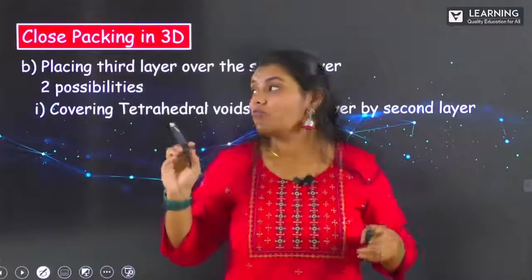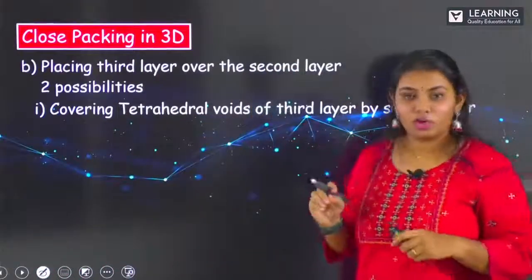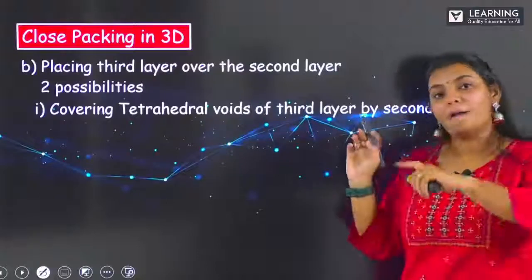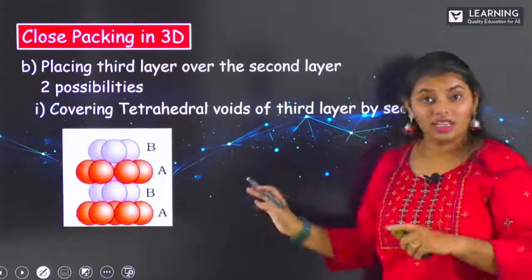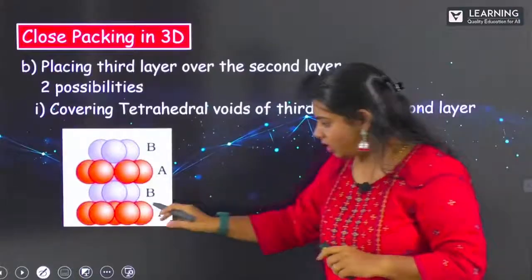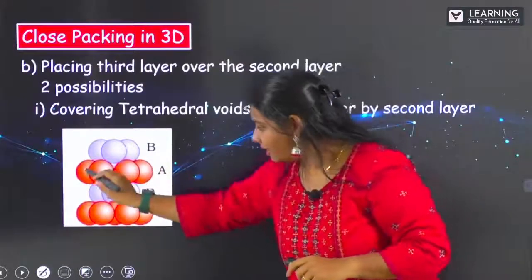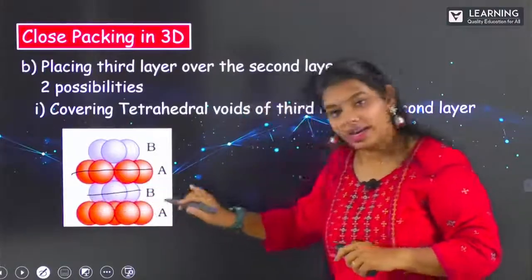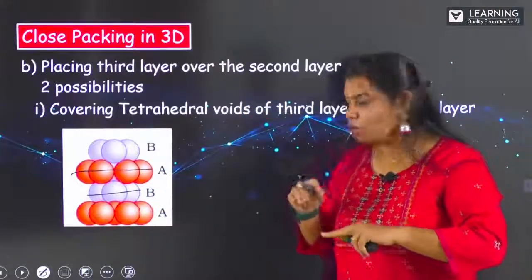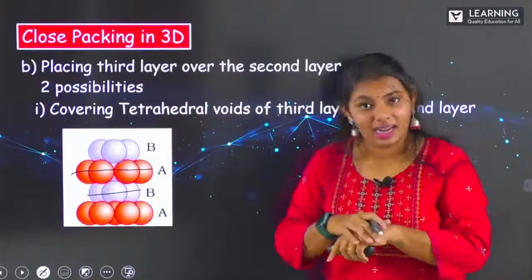Now we should see covering the tetrahedral voids, from the third layer by the second layer. This is how the arrangement is going to take place. Here you can see this third layer, and this would be your second layer. The arrangement over here will be covering the tetrahedral voids.